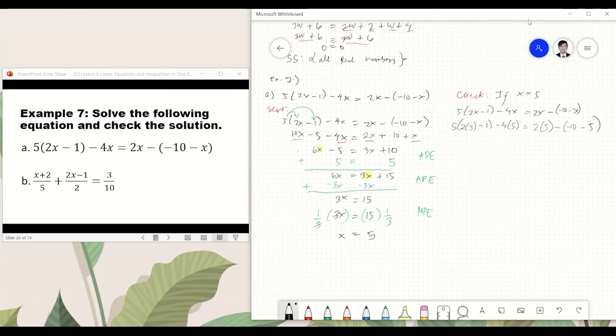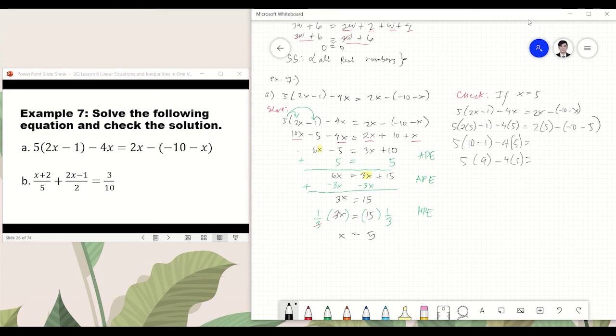So, dito muna tayo sa left side. 2 times 5, 10. 4 times 5, 20. Follow muna natin yung PEMDAS para hindi kayo malito. So, di ba PEMDAS says parenthesis first. So, 10 minus 1, that's a 9.